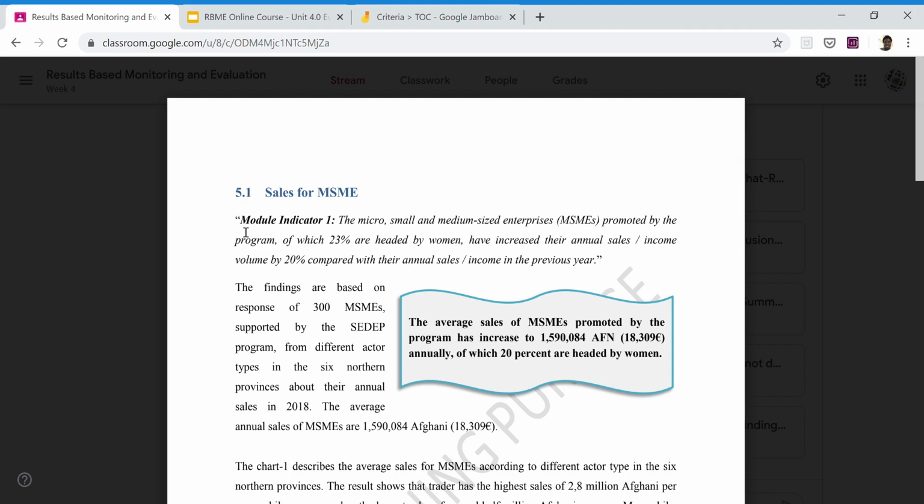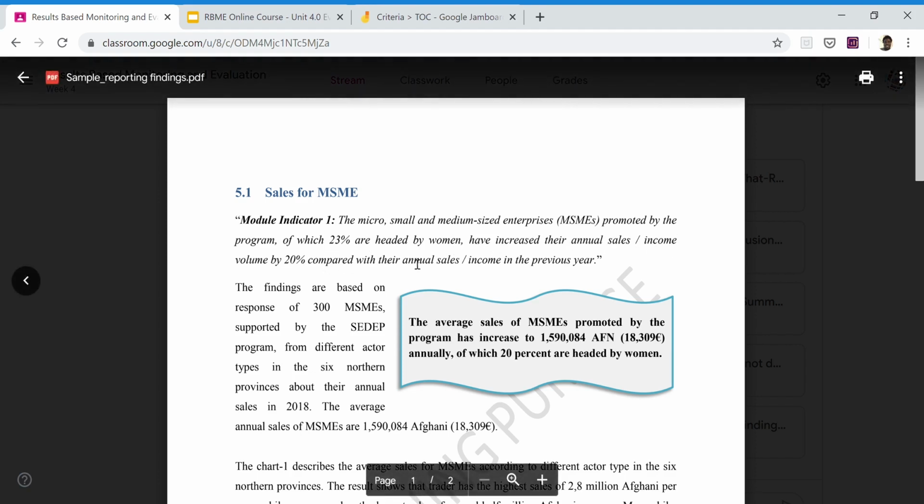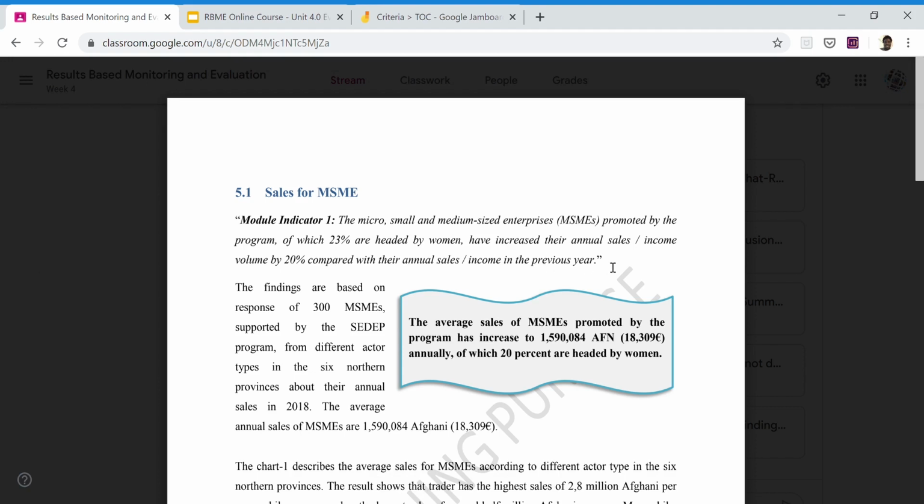So the result is just to show if it had actually increased, and by what volume was that increment. It's quite direct. Yes, you can see the MSMEs promoted by the program, of which 23% are headed by women, have increased their annual sales and income by 20% compared with their annual sales in the previous year.